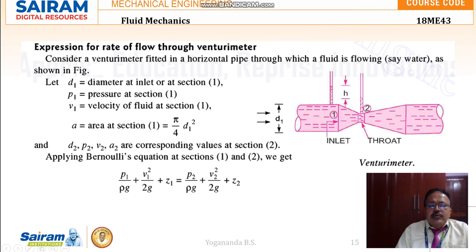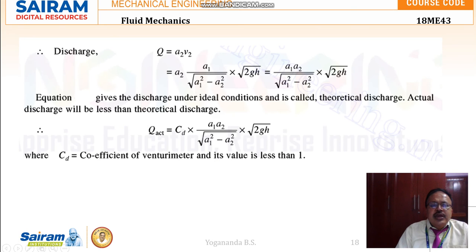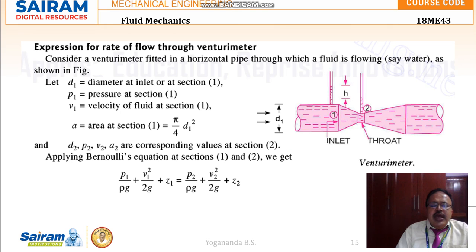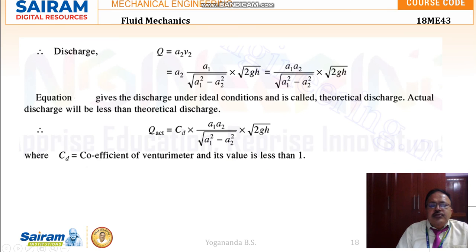If the flow takes place uniformly without any change in the diameter or any obstruction, there will not be any energy loss, and then Q theoretical will be equal to Q actual. But the actual discharge is less than the theoretical discharge because there is reduced diameter. So Q actual is given as CD into Q theoretical.